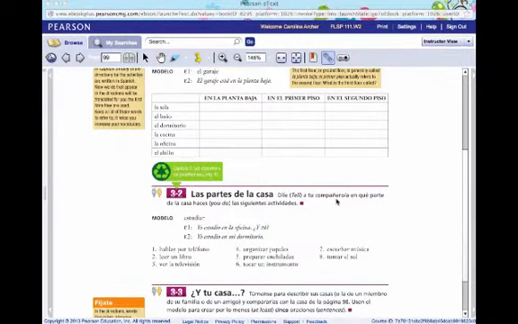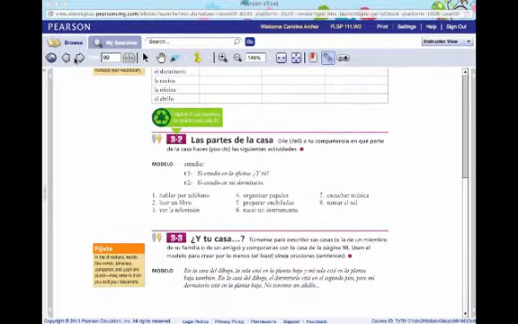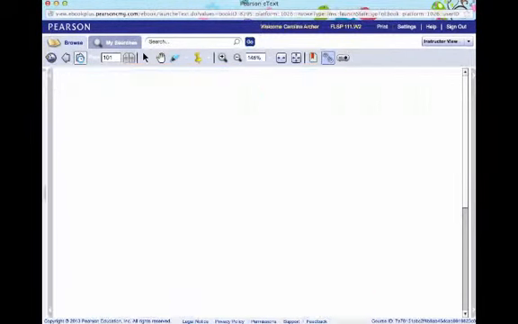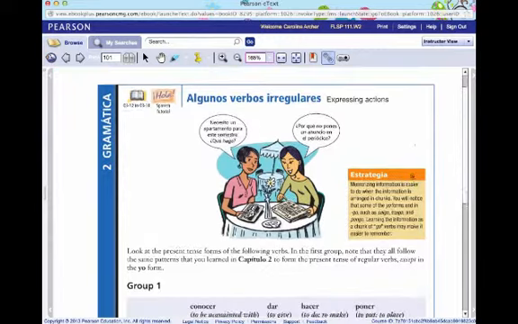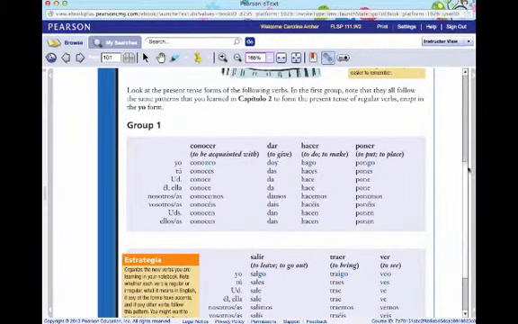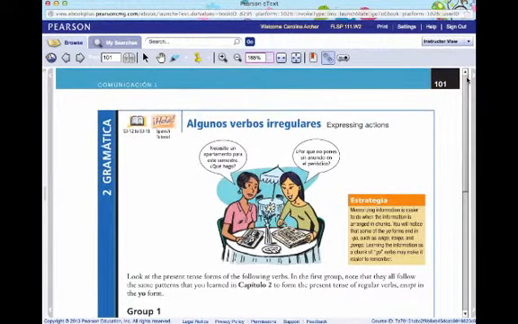Muy bien, so you're going to practice some with the vocabulary for house, and we're going to go to the irregular verbs section. Algunos verbos irregulares. So we looked at regular verbs, and they are verbs that have a pattern.